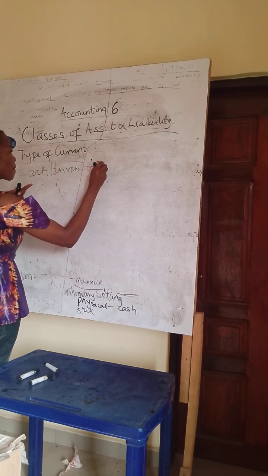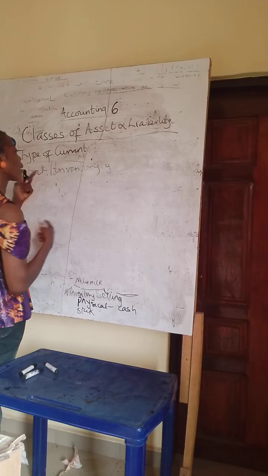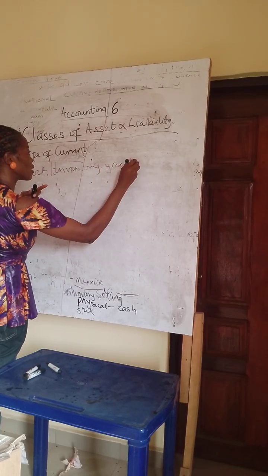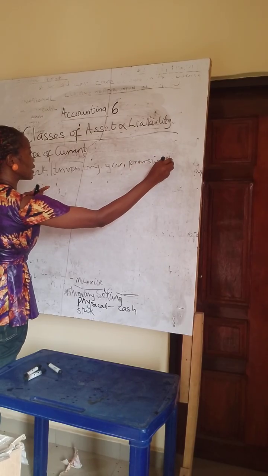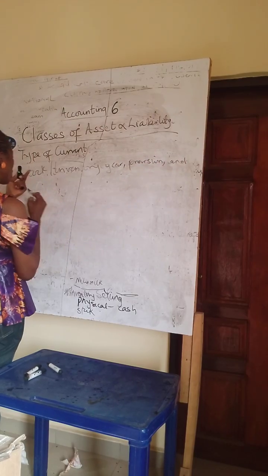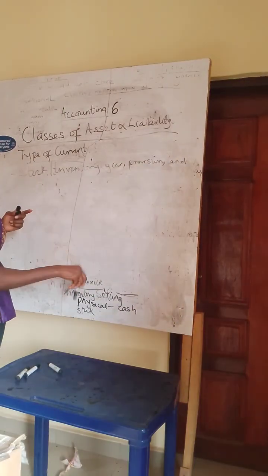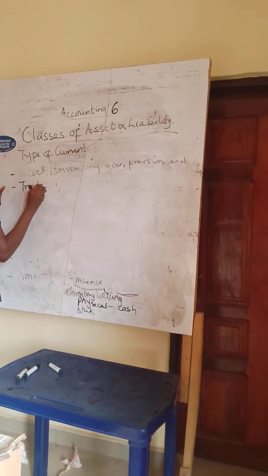Are we together? For example, your car, if you're into car dealership, or your provisions, depending on the business you're doing. If you're selling lands, land is your stock. Are we together?